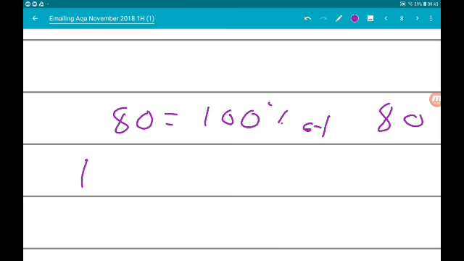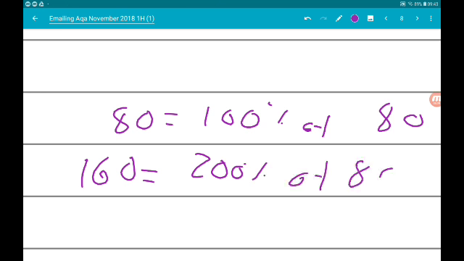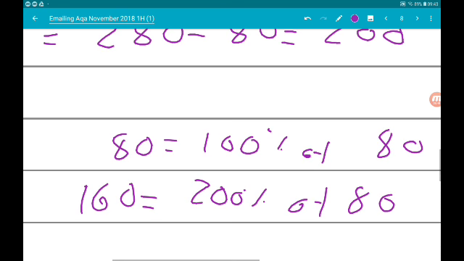160 is 200% of 80. Now to get to 200 we need another 40. So 40 is 50% of 80.